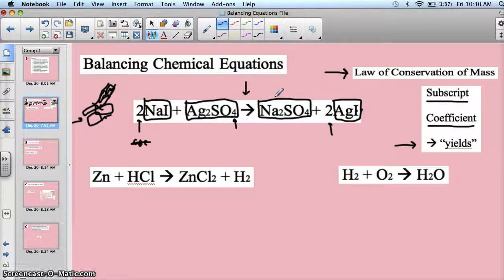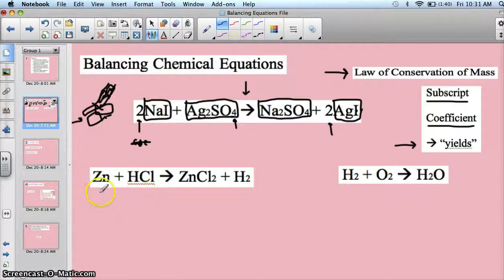Well, why don't we go ahead and start looking at some chemical equations. Here you have an unbalanced equation. All you have is just the elements and the compounds. So this is where, if you were to put boxes around them, you'd go ahead and put boxes around them.